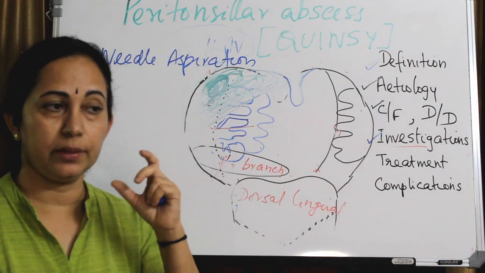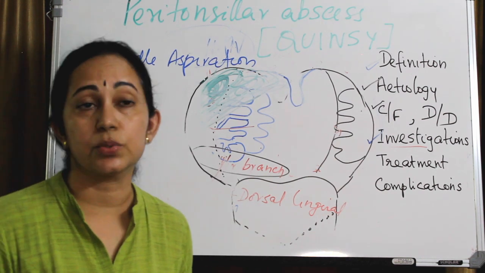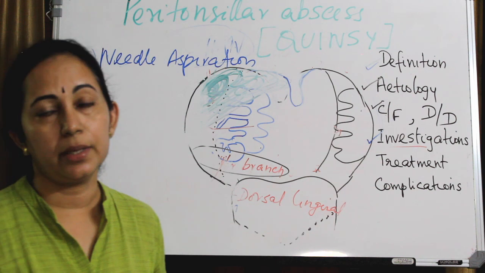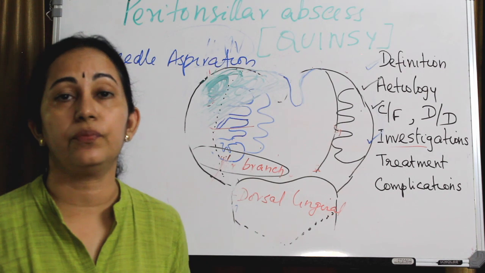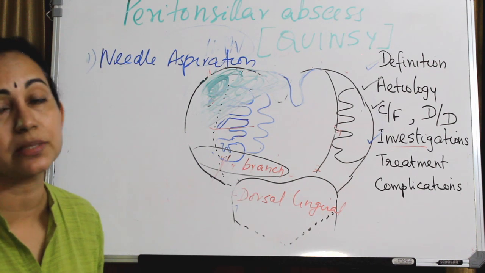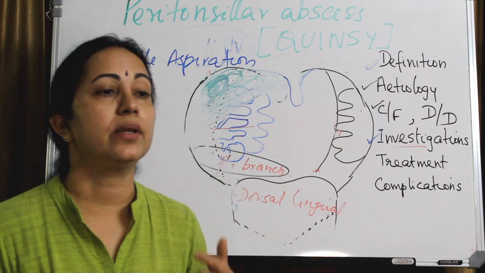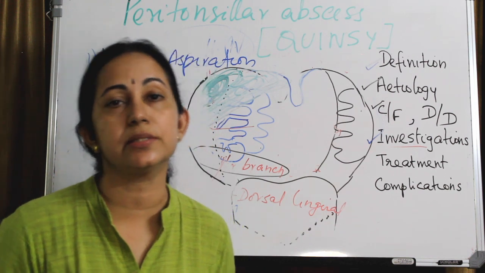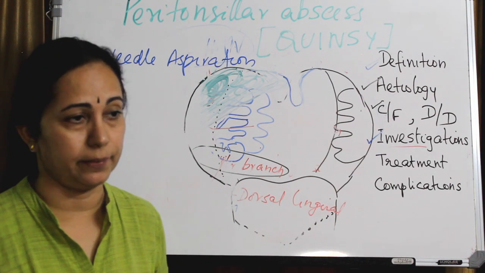And the pus, if you get pus by doing an aspiration, can be sent for culture and sensitivity so that you can start an adequate or suitable antibiotic. This pus should be sent for culture and sensitivity, especially in cases of resistant organisms, if your medicines are not working and the patient is not getting better, or in immunocompromised patients, or if the patient has diabetes, and also in cases of recurrent Quinsy, you have to send the pus for culture and sensitivity without fail.